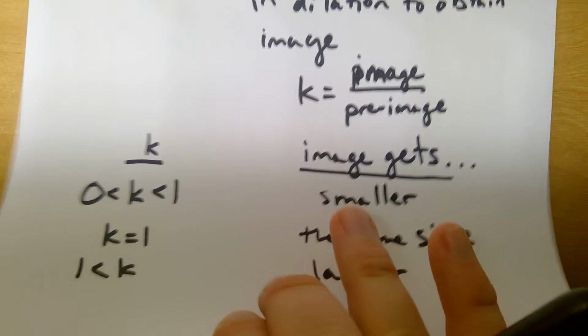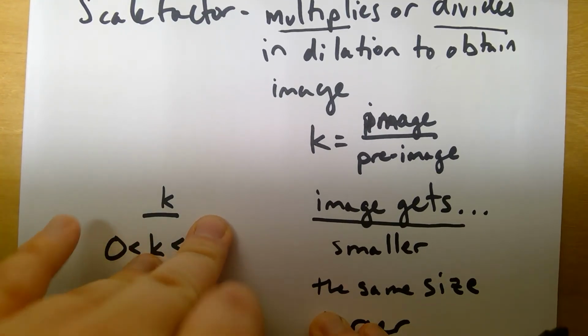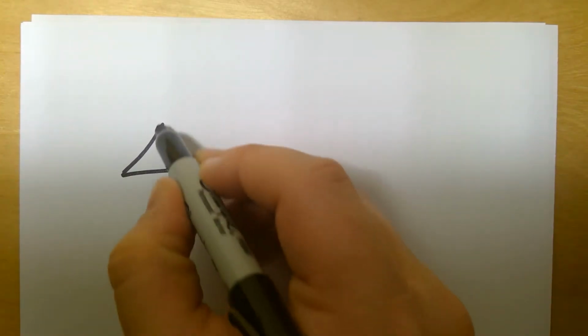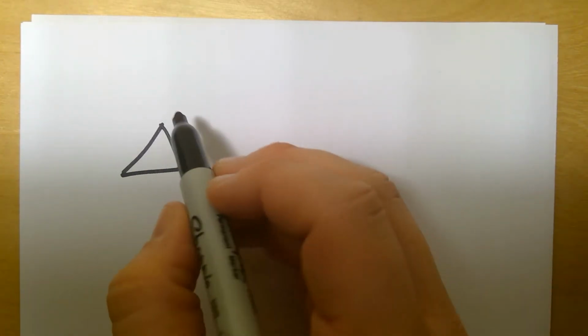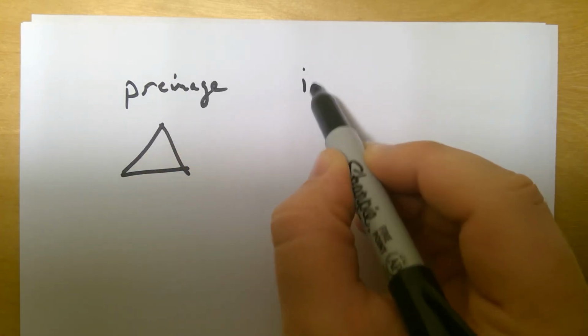All right, so let's go ahead and check a couple things of how to find scale factor and also how to do a dilation. Okay, so let's go ahead and look at scale factor. So we have a triangle here, and here's our pre-image. Here's our image.